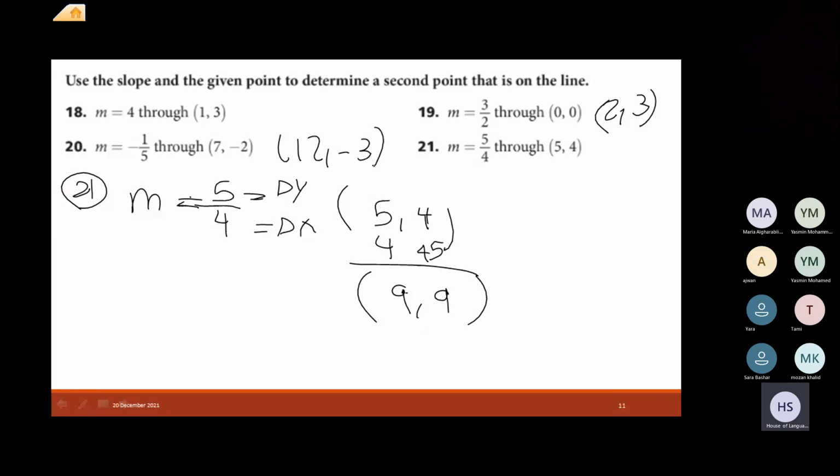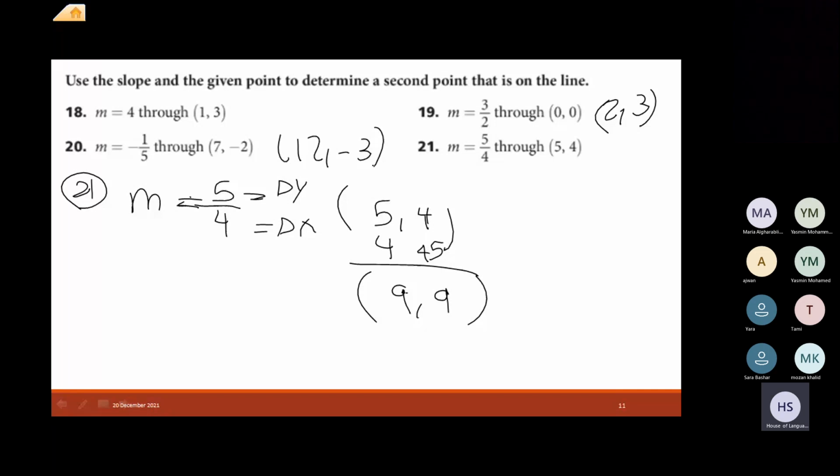Then 7 and negative 2. We did negative 3, and then we will see this one. So it will also be negative 5 because negative, negative. So you will find another point. We will do 2, negative 1.